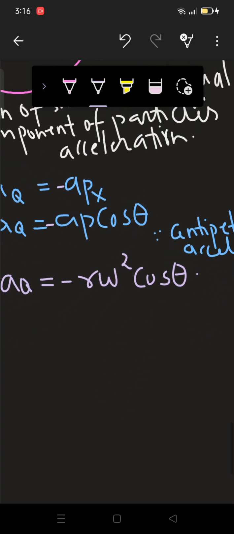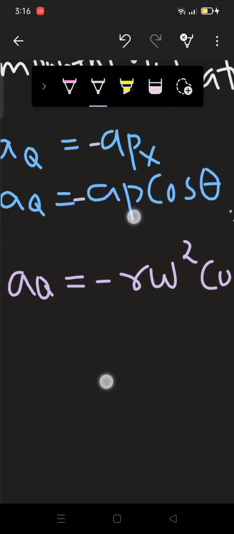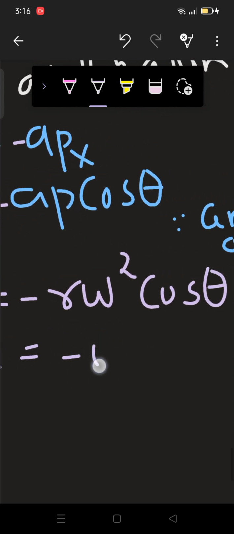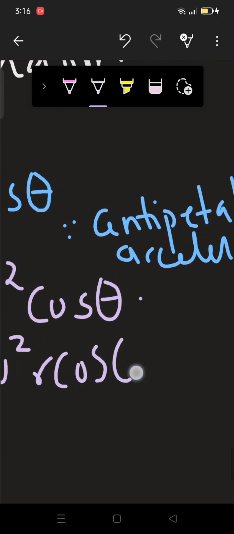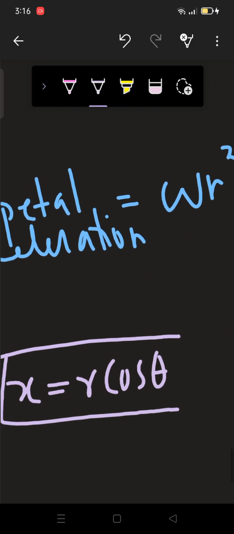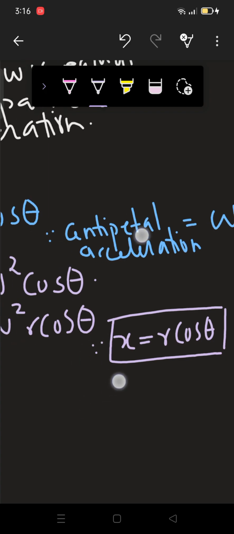Now you can remember one thing. We have already derived the formula for the displacement of the shadow's particle, right? That was equal to r cos theta. Now you can find r cos theta here too. Wait, let me rearrange this. For example, minus omega squared, I can write r cos theta. Now we have already learned x is equal to r cos theta, which means instead of r cos theta I can put x.